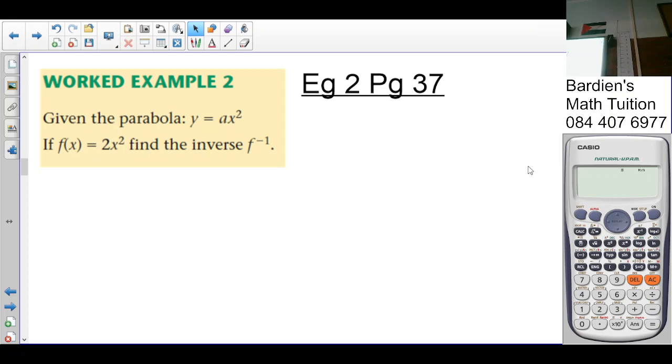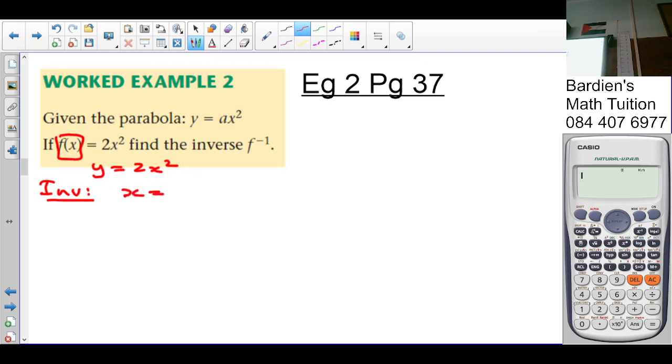Okay, you guys finish? Nice. Right. So what's the first step we need to do? Replace f of x with y. So y is equal to 2x squared. Then what do we do? Swap x and y. Right, inverse on the side. x is equal to 2y squared. Now what do I do? Make y the subject of the formula. So I divide by 2 first.